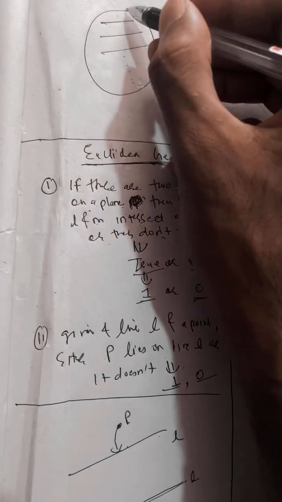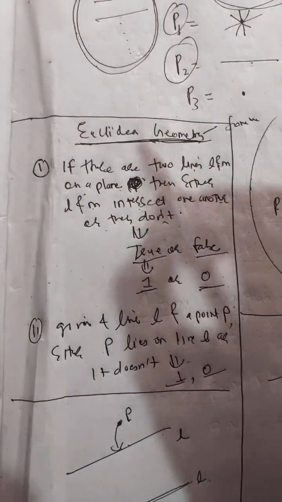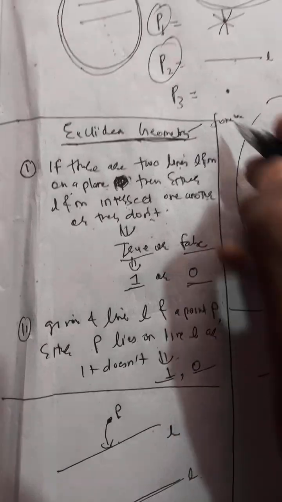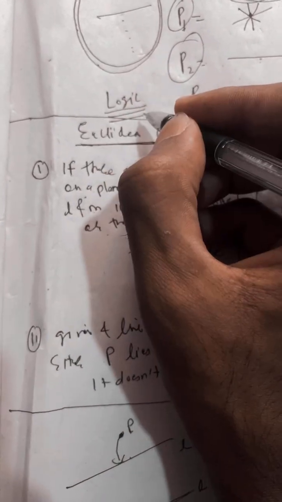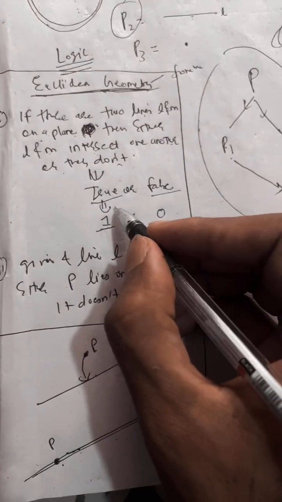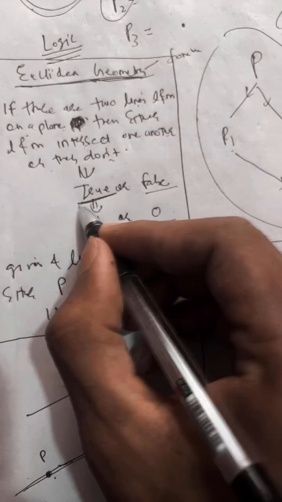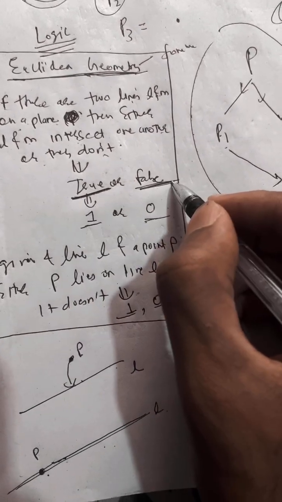Not only that, they don't only assume those primitive objects, they also assume one more thing, which is logic. This is very important. And that logic is based on the idea that given any statement, it can be either true or false.